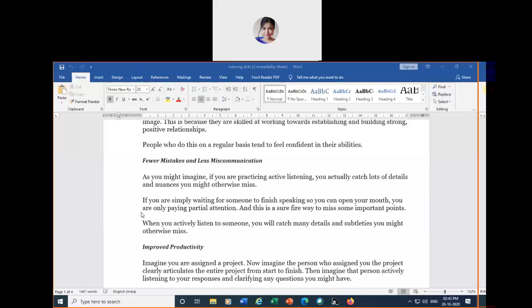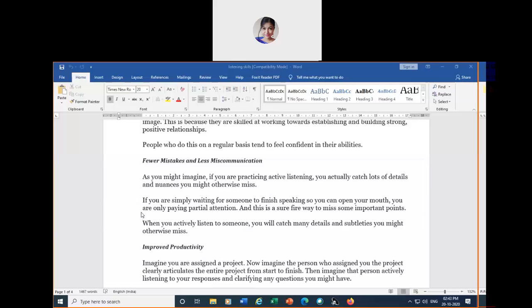So if you are a good listener, you will not make mistakes. You will also be able to communicate properly. When you don't listen properly, there's a lot of miscommunication and misunderstanding. Once you practice active listening, you will see the difference automatically.